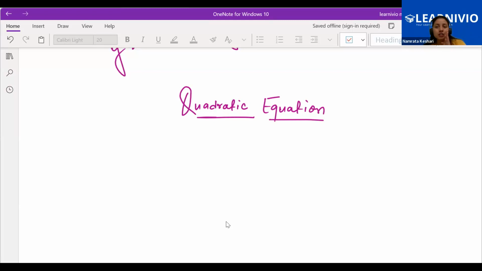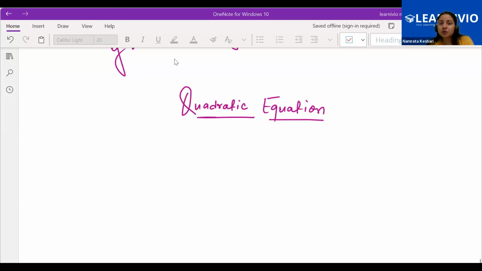So quadratic equation. Have you heard this terminology, quadratic, anywhere? Alvina, Abdul? Yes, ma'am, under the polynomials chapter. Polynomial chapter. What was the degree of the polynomial?